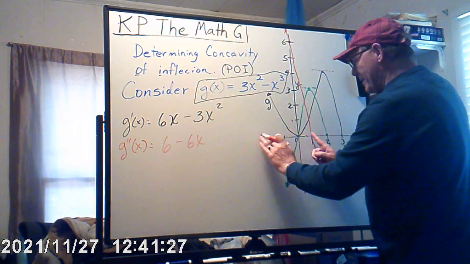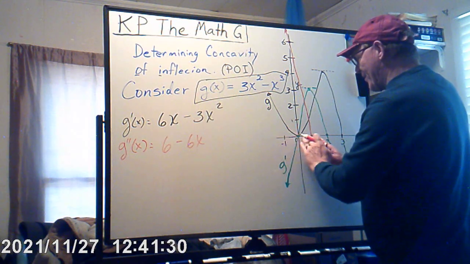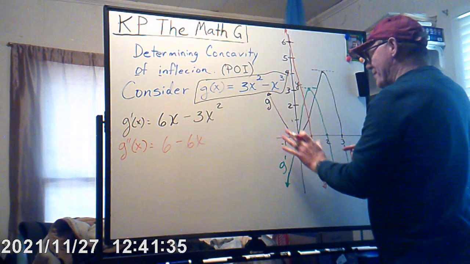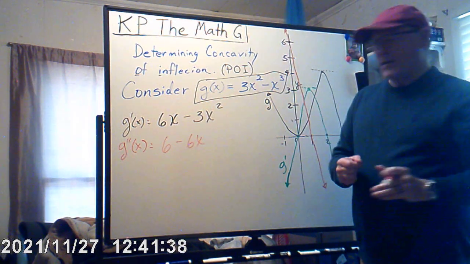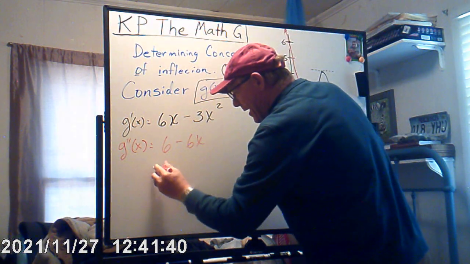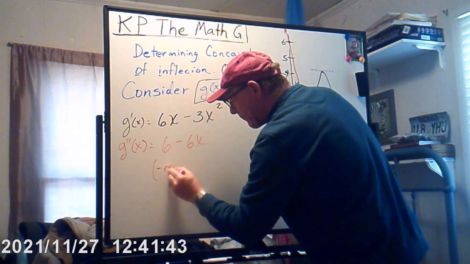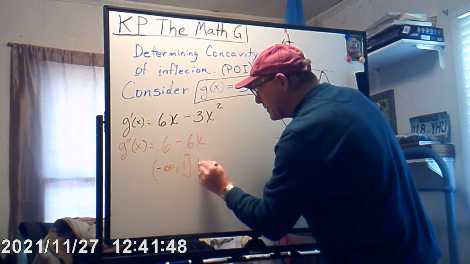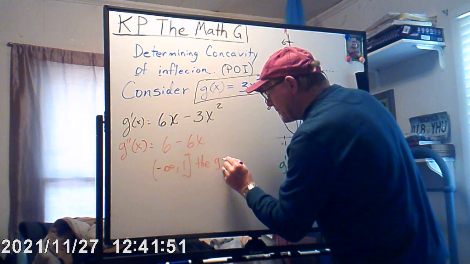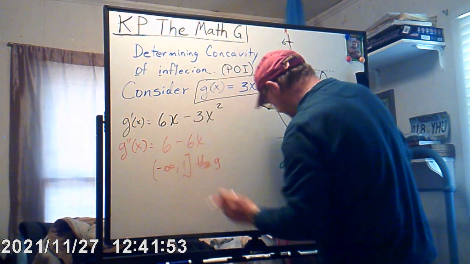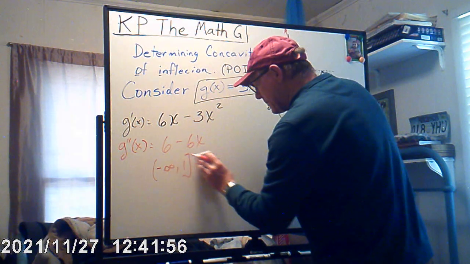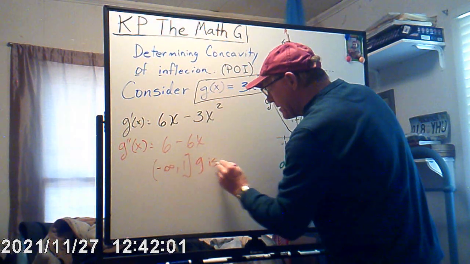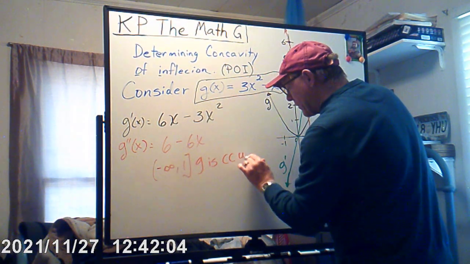To the left of 1, we have the graph above the red line, and the red part of the line is above the graph, which means that from negative infinity to 1, the graph, or say just G, G is concave up.